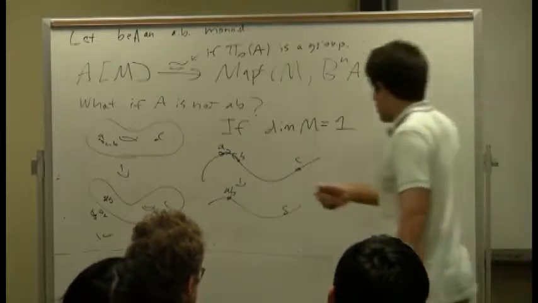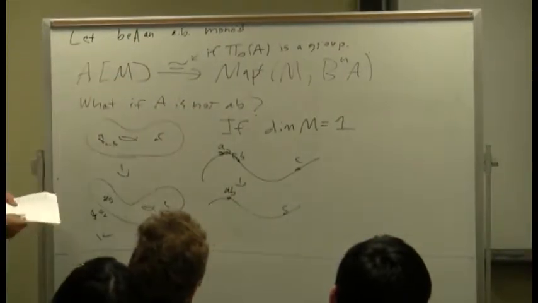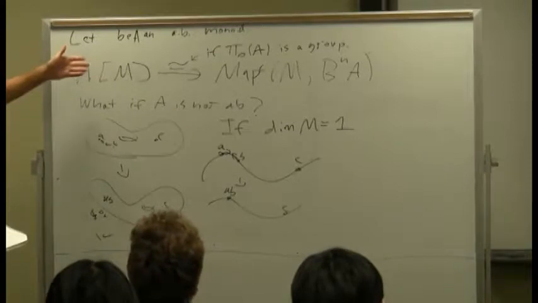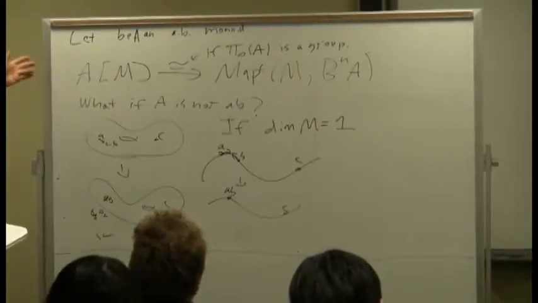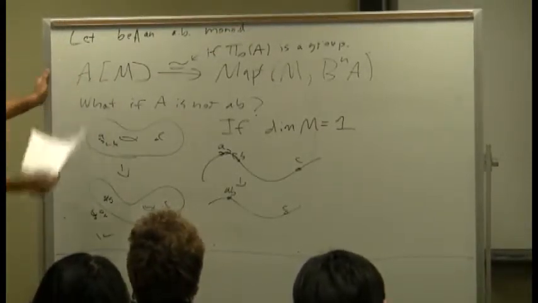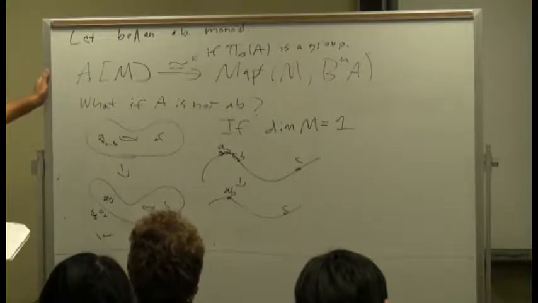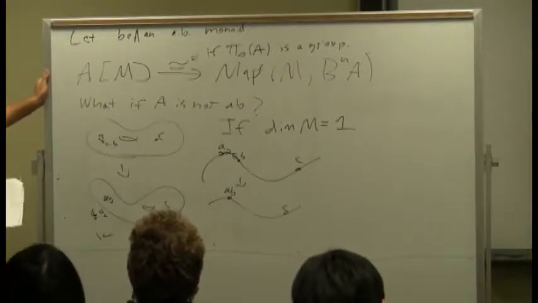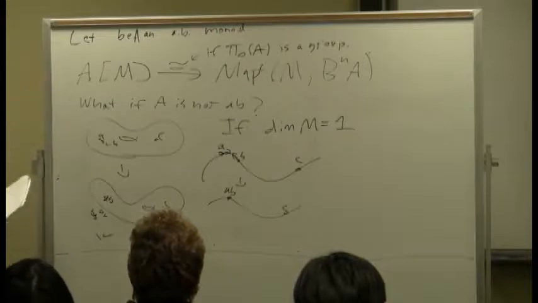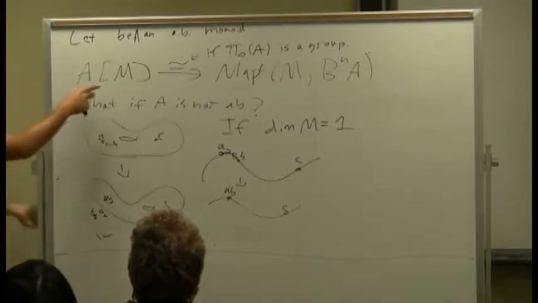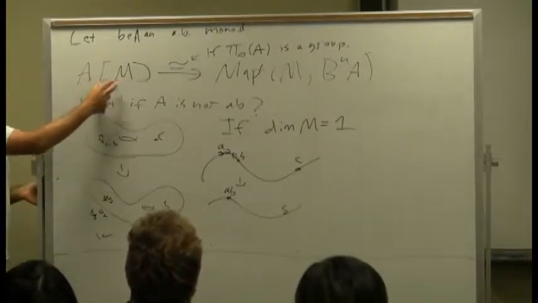Yeah, and so you can form this construction, and the scanning map is still a weak homotopy equivalence even when A is not abelian if you're in dimension 1, so you know what this thing means.